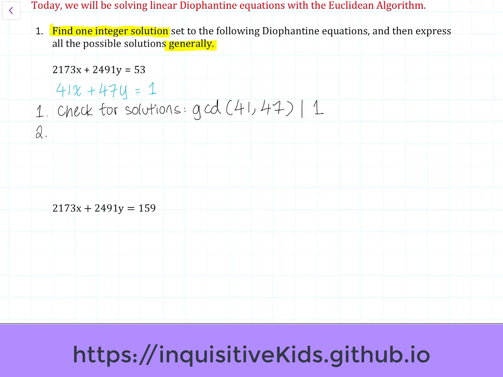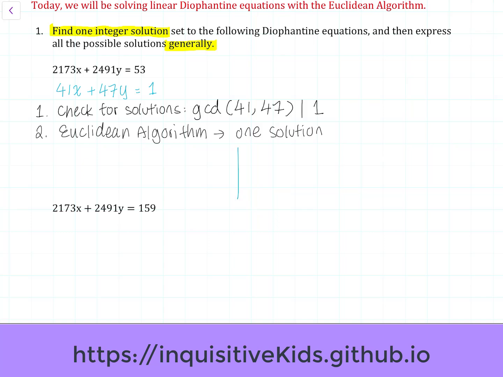Now the next step is to use the Euclidean algorithm, and we're going to find one solution. So how do we do that? Well, all we want to do is express 1 in terms of 41 and 47.